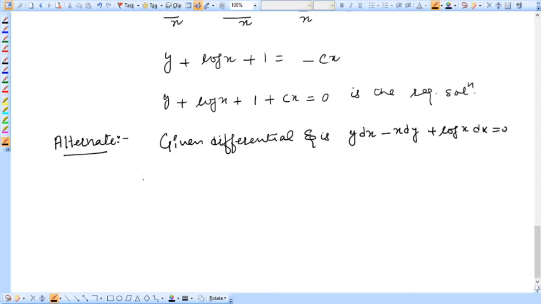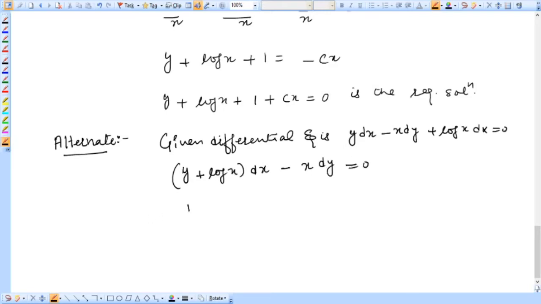So see here, clubbing these terms, y dx can be clubbed with log x dx, so we get (y plus log x) dx minus x dy is equal to 0.